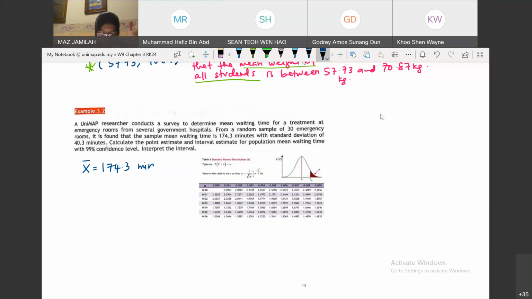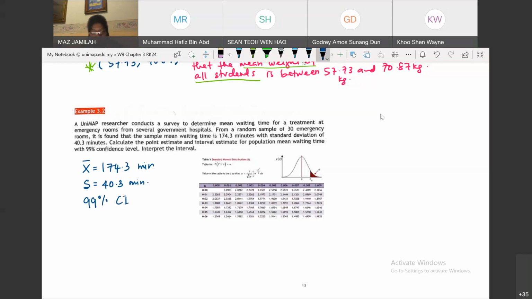It is found that the sample mean waiting time is 174.3 with standard deviation. So now we know that the standard deviation given to you is S, equal to 40.3 minutes. Calculate the point estimate and interval estimate for population mean waiting time with 99% confidence level.